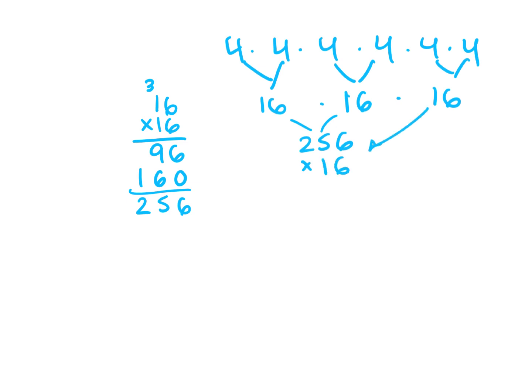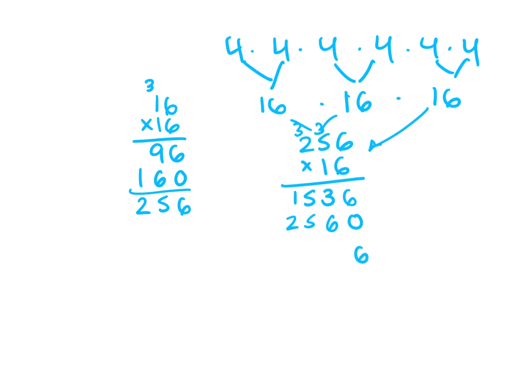Is it like 1,000? Is it like 96 or like 30? Let's multiply it out. So 6 times 6 again is 36. 6 times 5 is 30, plus 3 would be 33. 6 times 2 is 12, plus 3 is 15. Drop a 0 there. And then we have 6, 5, and 2.